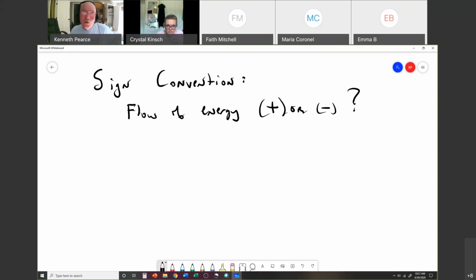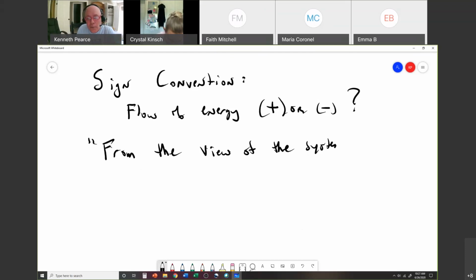So the convention is going to be from the standpoint of the system, or from the view of the system. Remember, you've got to keep this straight. It's always from the view of the system.